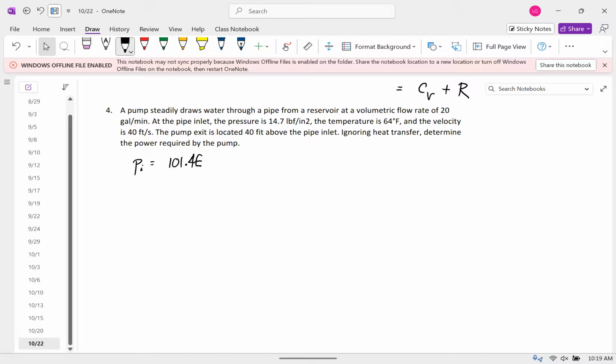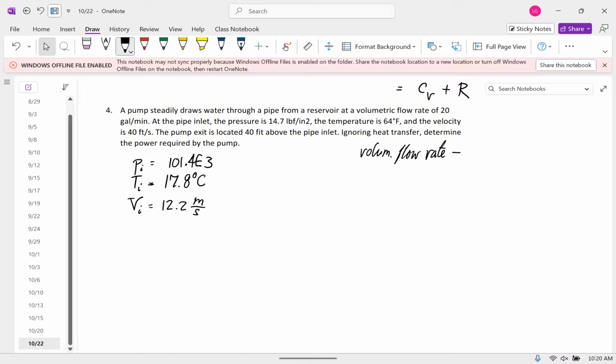The inlet temperature was just 17.8 degrees Celsius, and the velocity at the inlet was 12.2 meters per second. And what was the volumetric flow rate? 1.3 times 10 to the negative 3 meters cubed per second.